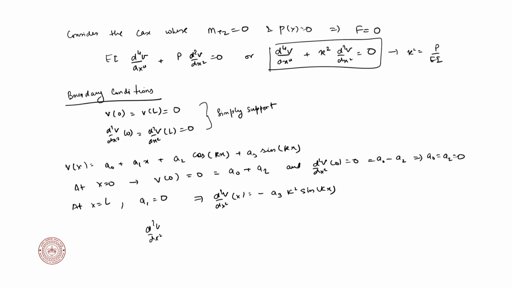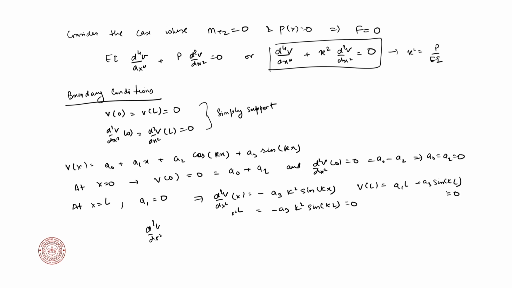This is one case. Another case is v of L, that is equal to a1 L, a0 is 0, a1 L plus a3 sin kL. For d2v/dx2, if you put x equal to L, this will be minus a3 k^2 sin kL. I am just going to show you how this comes up. Now both of them are 0.